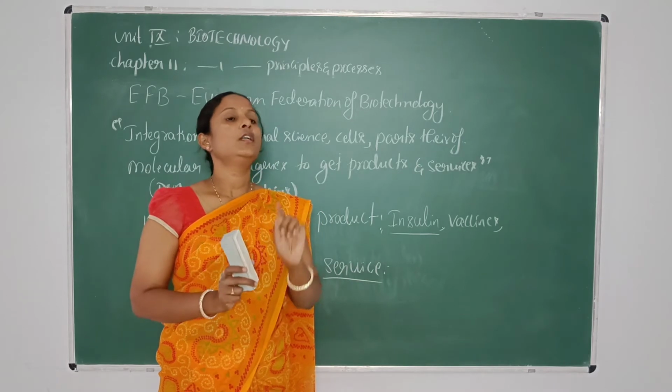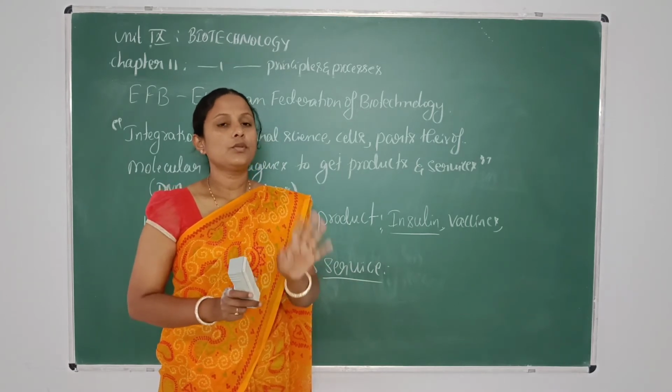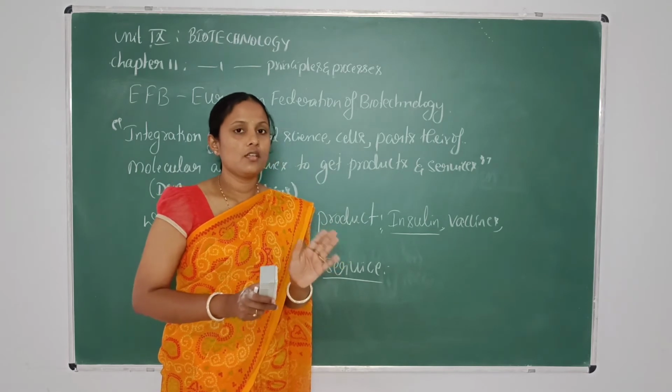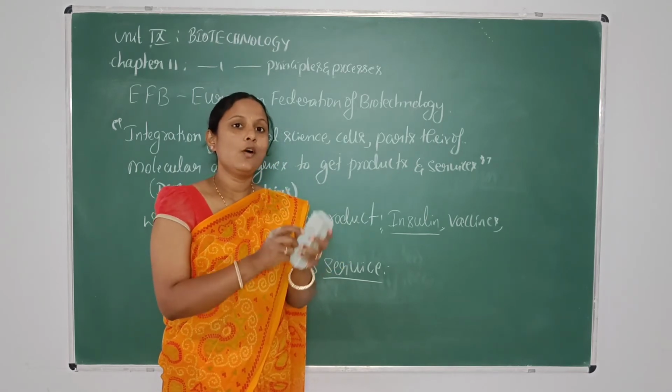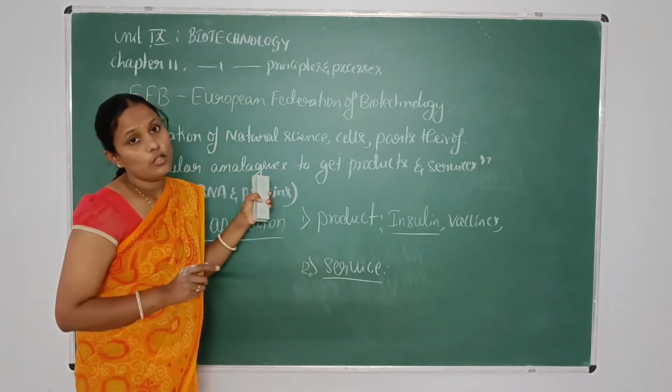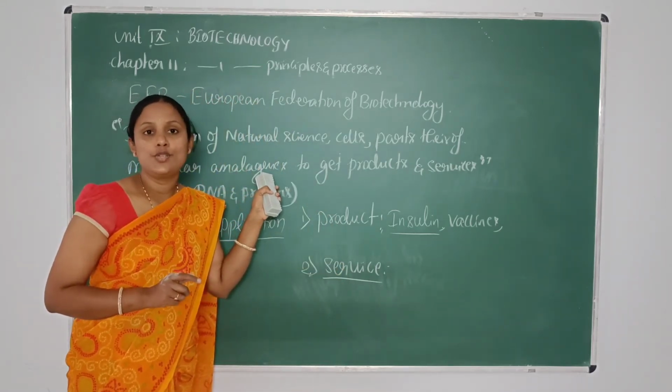So one of the associated problems is the treatment of sewage. That is, how to treat it, how to clarify it. For that, the biotechnological process has given a solution.